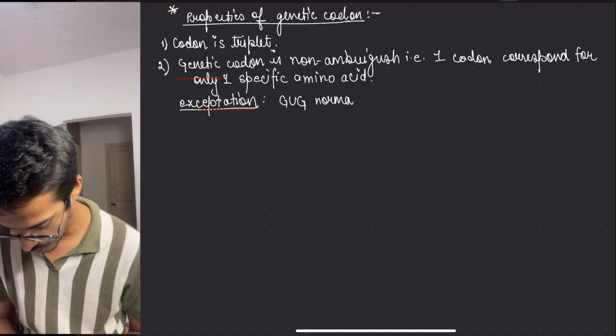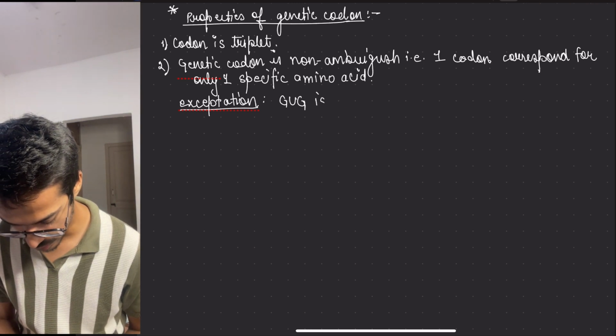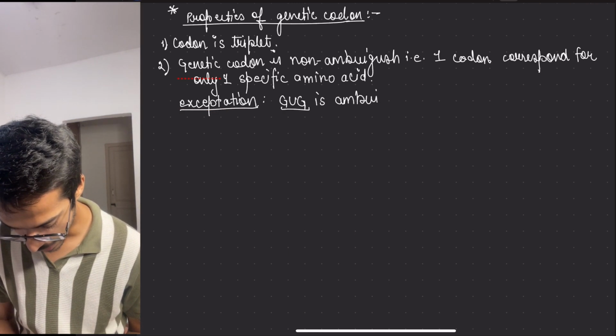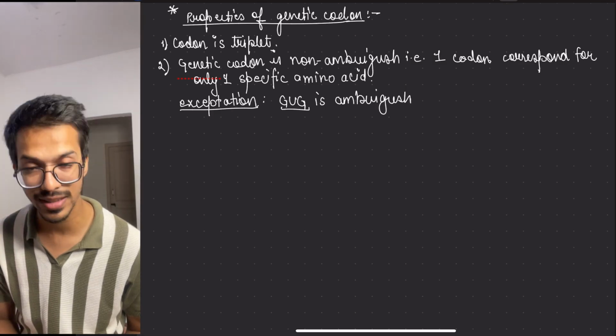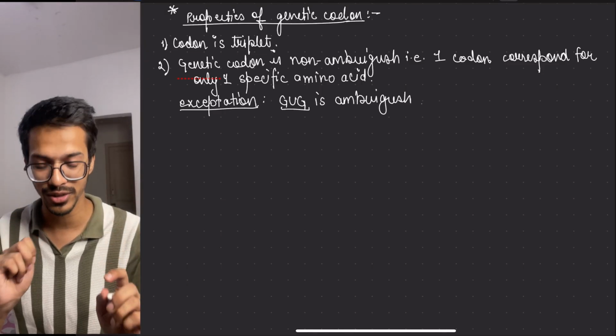So GUG is the only codon that is ambiguous, very ambitious. It's like me, who wants to teach, who wants to do dentistry, who wants to do other things also.